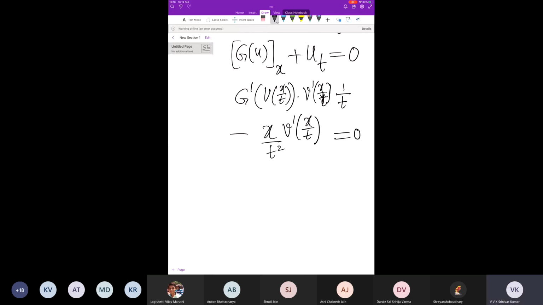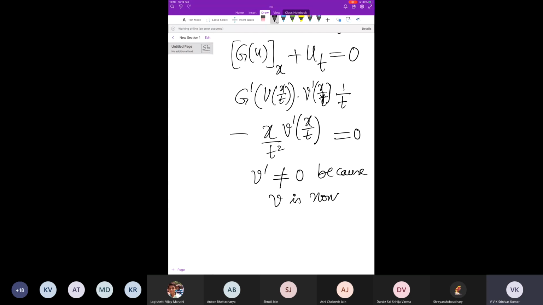And of course, v prime is not 0. We don't want just a constant function. We want a non-trivial function. So v prime is not equal to 0 because v is non-constant.